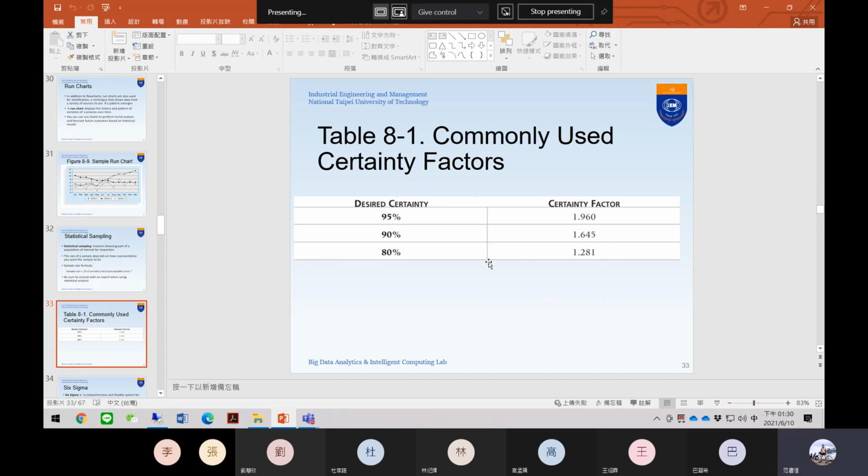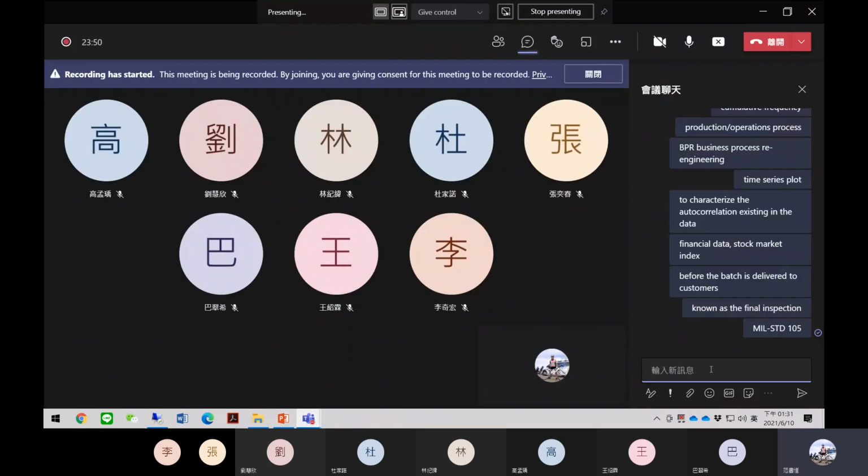Desired certainty 95%, the certainty factor is 1.96, plus and minus 1.96. 90% is plus and minus 1.645, and 80% is plus and minus 1.281. This is related to the standard normal distribution.